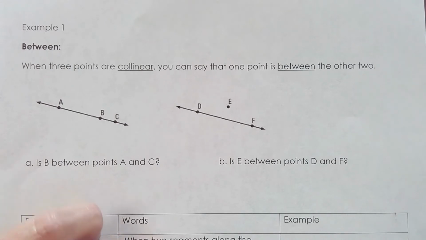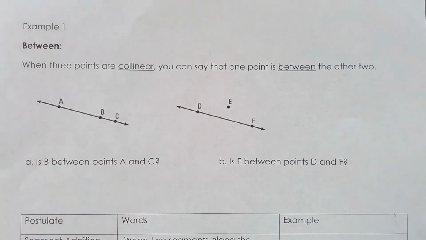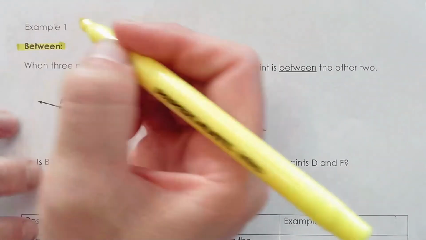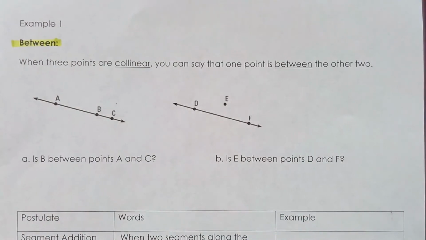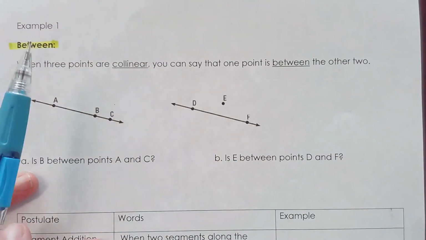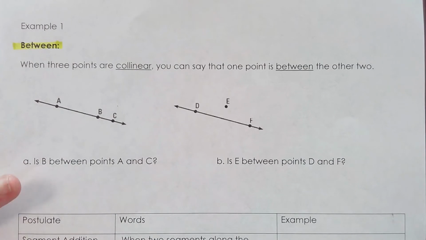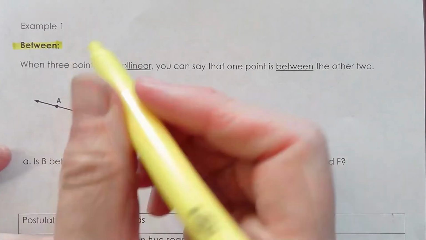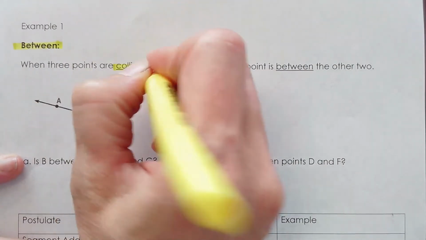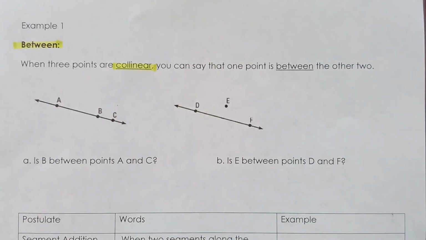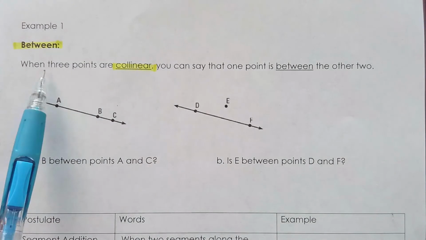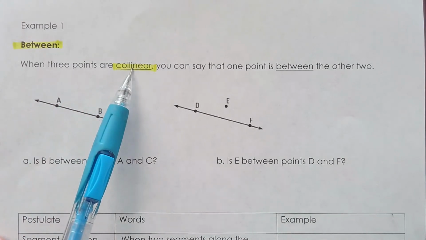This is labeled as example 1, but this really is more like more terminology. This is another vocabulary word, between, which I know doesn't seem very complicated, but there is one thing you have to keep in mind. In order for you to say that one point is between two other points, the 3 points have to be collinear, as in they have to be on the same line.